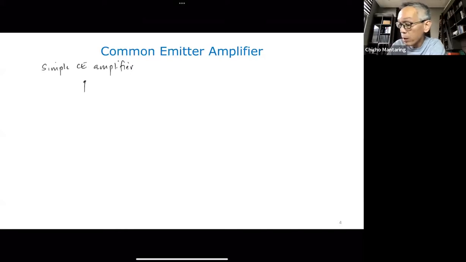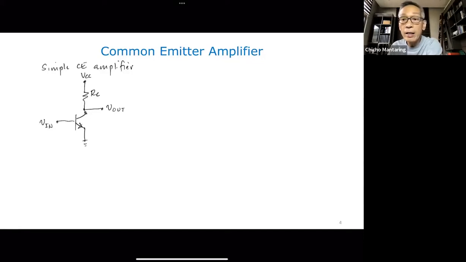So that looks something like this. So I have VCC. Let me call this R sub C, my collector resistance. My input is applied at my base, and my output is obtained rather from my collector.